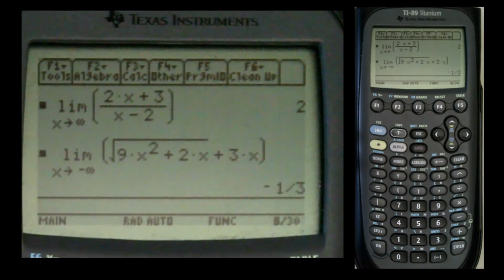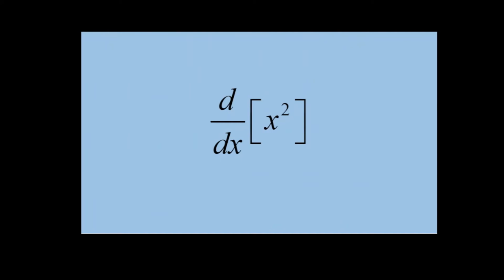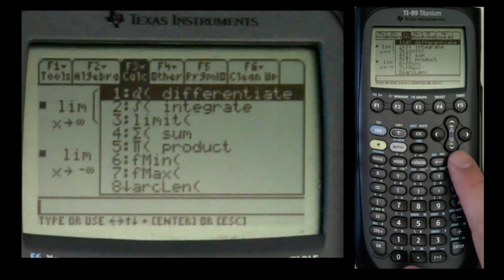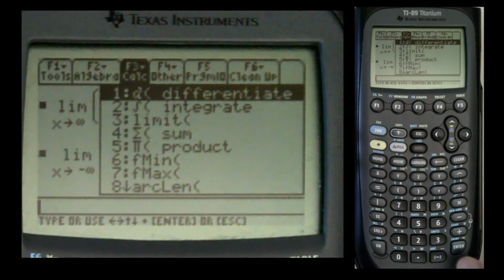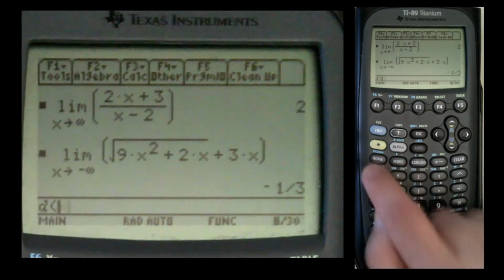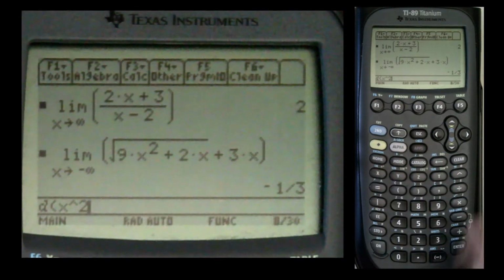Let's say that we wanted to find the derivative. We're just going to keep these pretty simple. Derivative of x squared. So the way you would do that on the calculator, maybe you already saw it under the menu here for calc, is differentiate. So you're going to hit that, type in x squared, and for all of these calculus things, you have to put a comma x to tell it what the variable is.